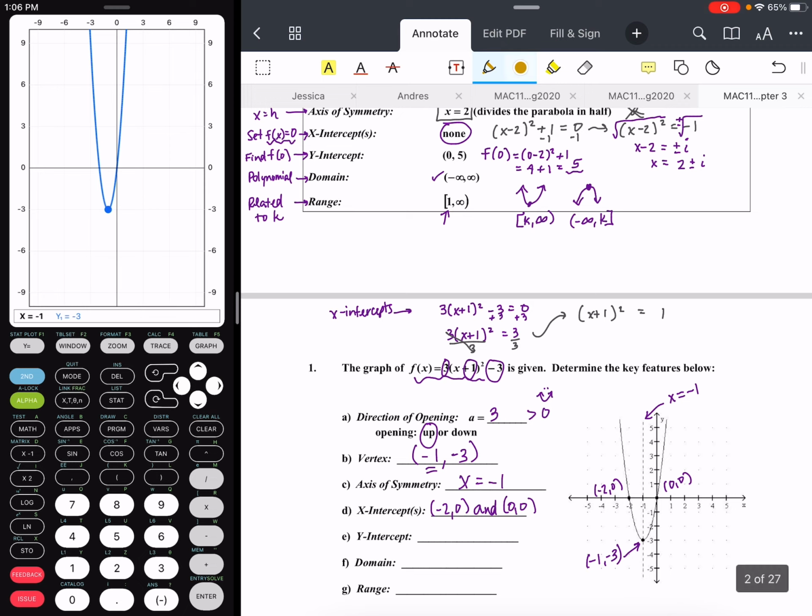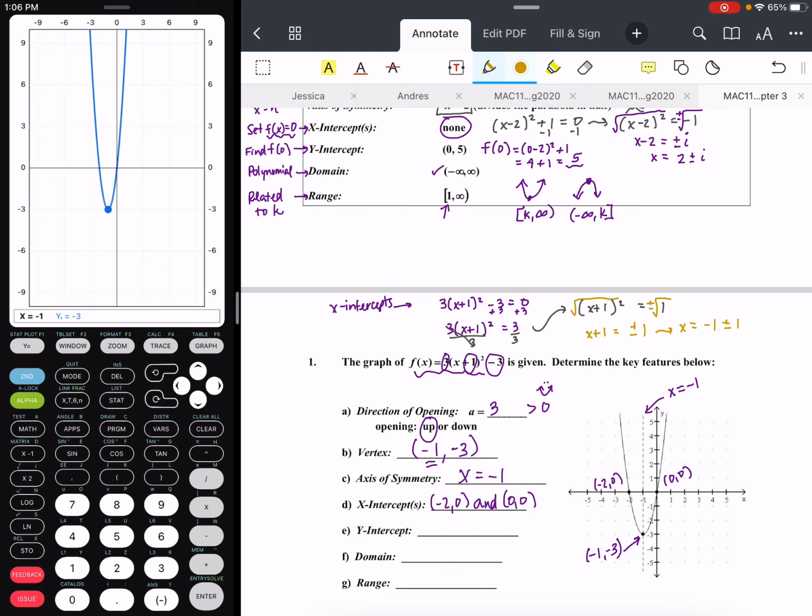And now I'm going to take the square root of both sides, remembering my square root property, that plus or minus. So this leaves me with x plus 1 equals plus or minus the square root of 1, which is just 1. So x equals negative 1, subtracting 1 from both sides, plus or minus 1.